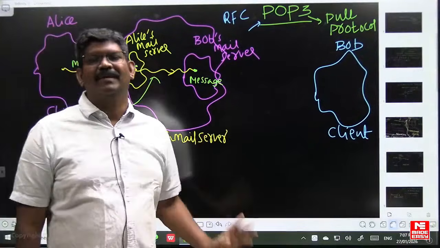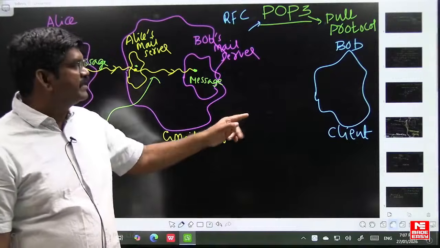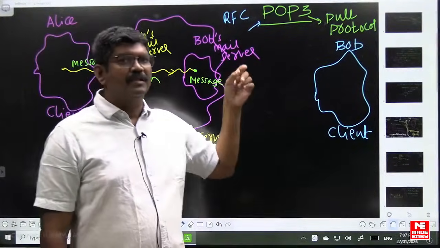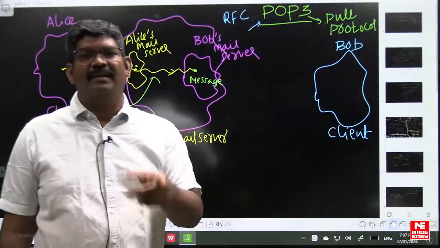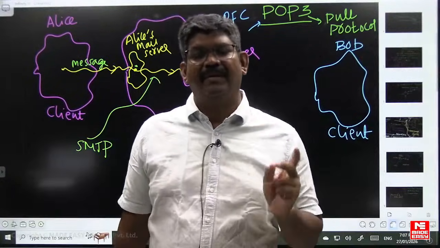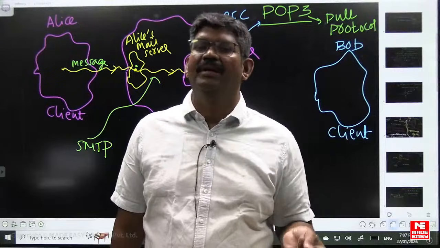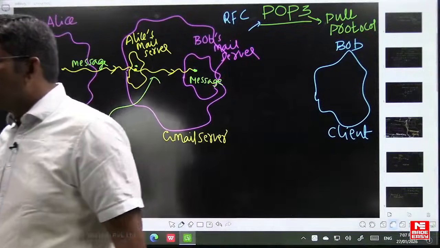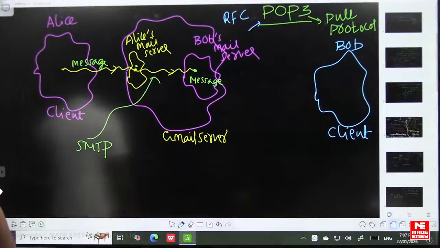I'll explain with the commands actually. So here is the first question. One more question they can ask you: in this POP3, how many phases are there? What is the answer? First one, authorization. Second one, transaction. Third one is update. These questions they can ask you. Understand?